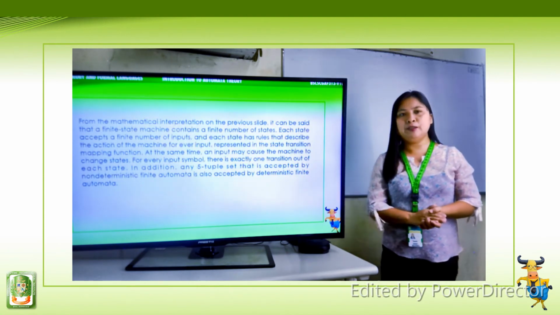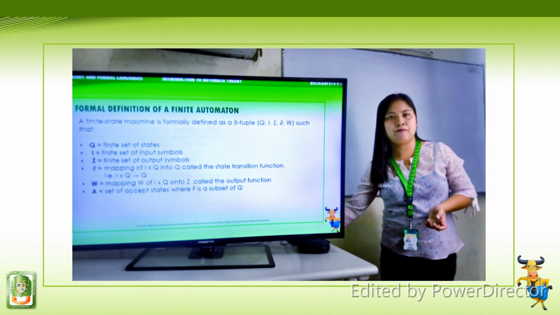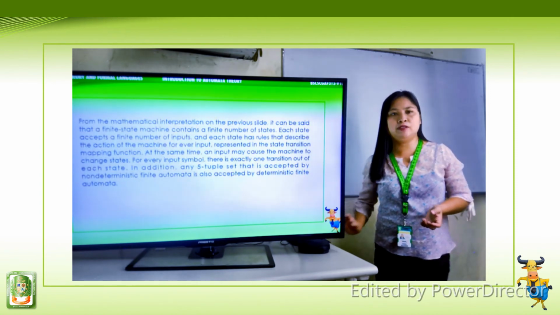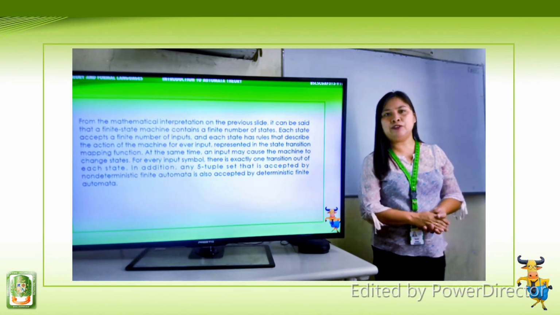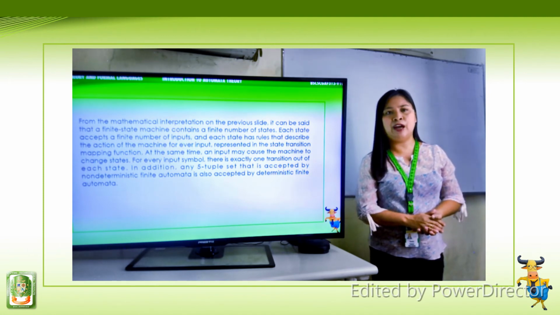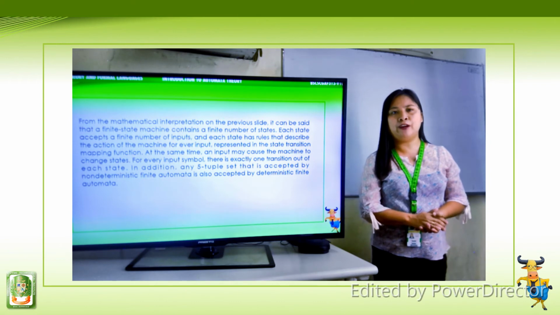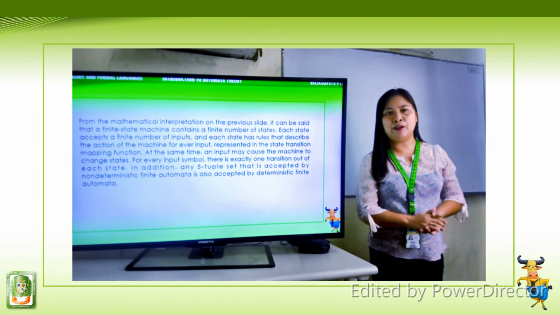Okay. From the mathematical interpretation of the previous slide, it can be said that a finite state machine contains a finite number of states. Each state accepts a finite number of inputs, and each state has rules that describe the action of the machine for every input represented in the state transition mapping function.